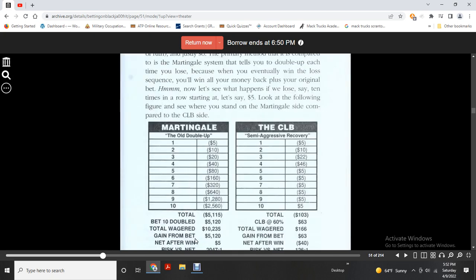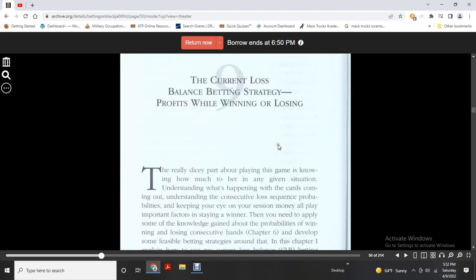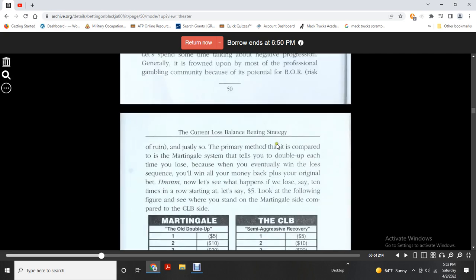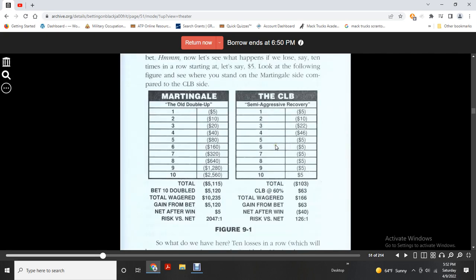So you have the odds of winning one, doubling the old double-up martingale, and the current loss betting strategy.